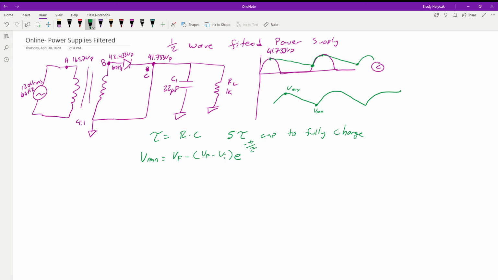How do we solve these values? VF is where the capacitor is trying to get to. The initial is our Vmax. This is where it starts.